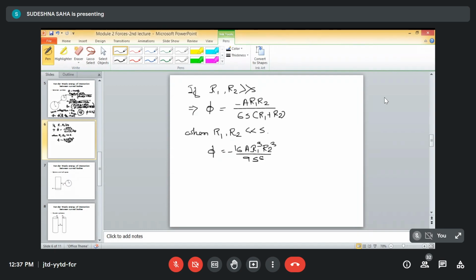Okay, so these are the limiting conditions that we can think of for this particular equation. And although we have written such a big formula, it is directly related only to the radius of those particles as well as the Hamaker constant and the distance between those two particles.